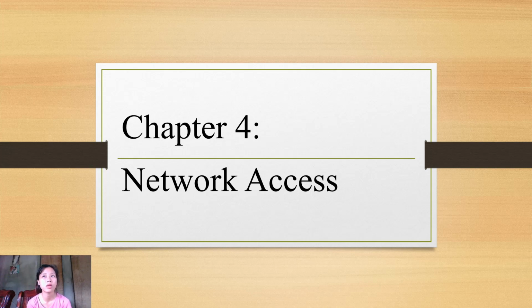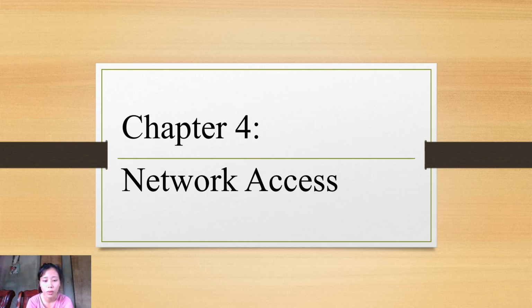By the way, to support our communication, the OSI model divides the functions of data networks into layers.